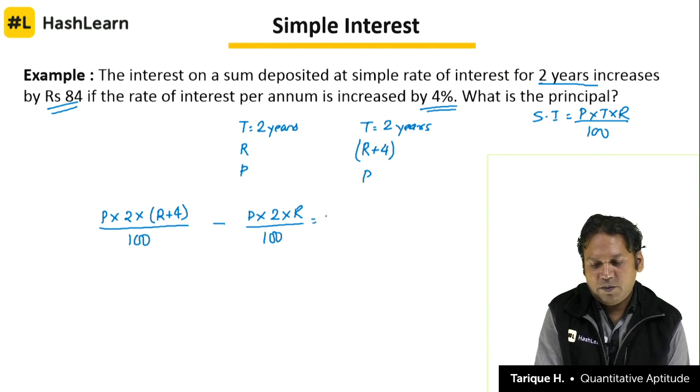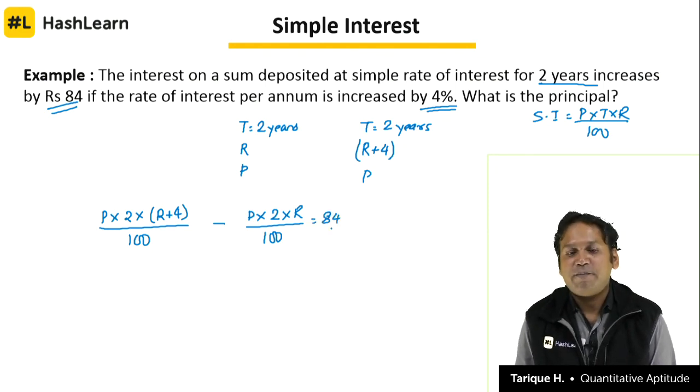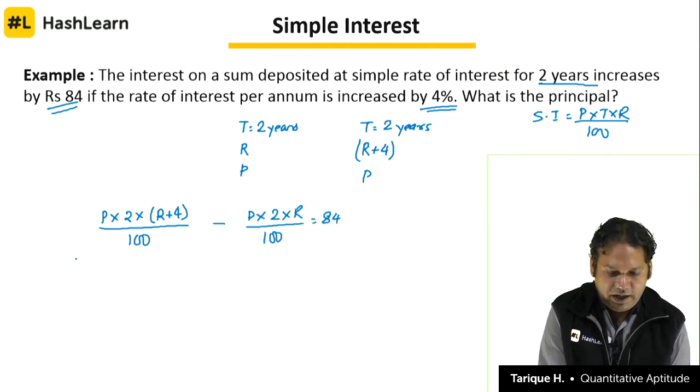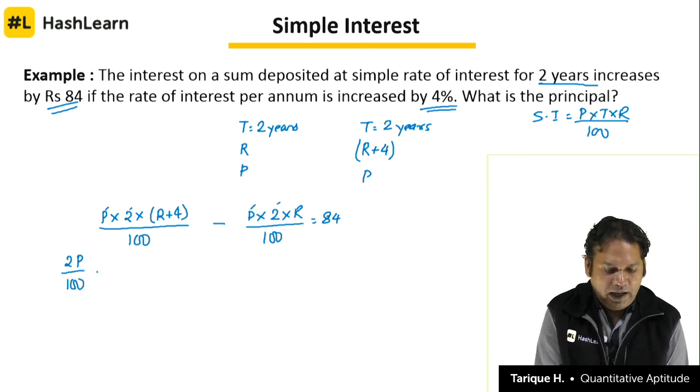This difference is how much? 84 rupees. So we can take 2P by 100 common, because we have 2P and 100 in both, and what we get is (R plus 4 minus R) equals 84.